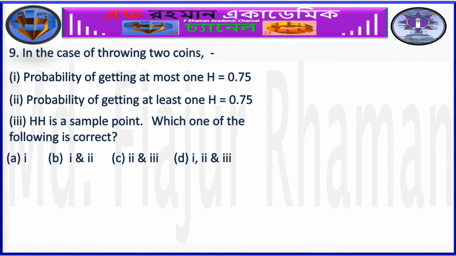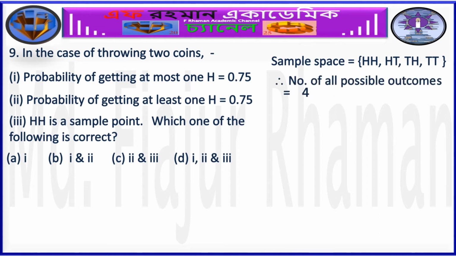If 2 coins are thrown together, then the sample space is the set of HH, HT, TH, TT. Therefore, the number of all possible outcomes is equal to 4. In the case of at most one head, we should exclude the outcome containing more than one head, and it is the outcome HH.